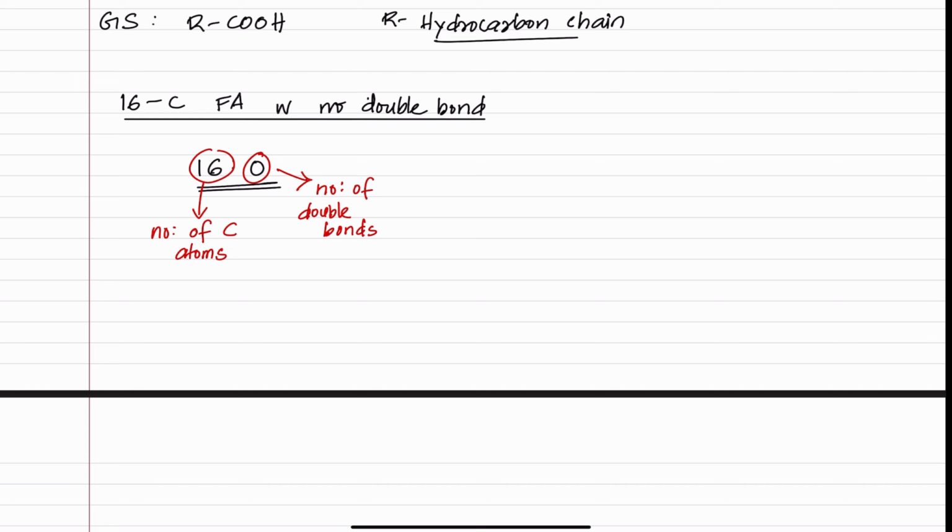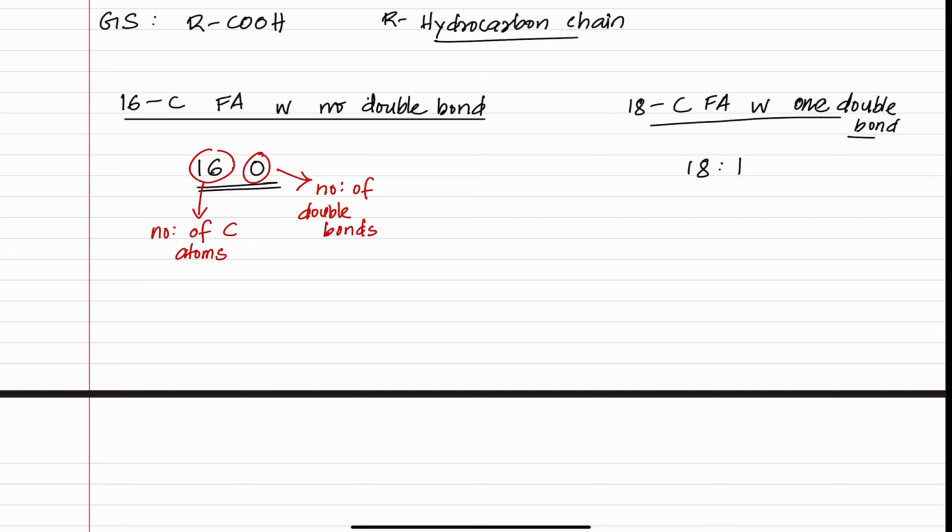Another example would be an 18 carbon fatty acid with one double bond. This can be written as 18:1.